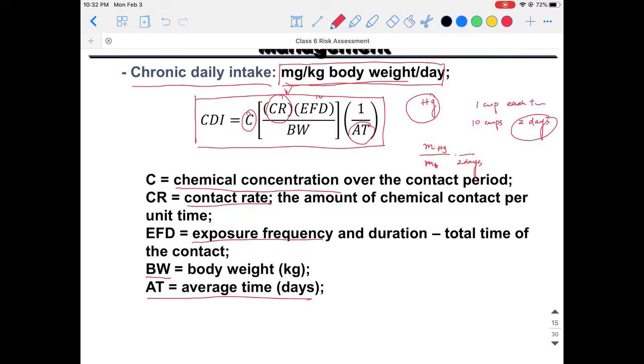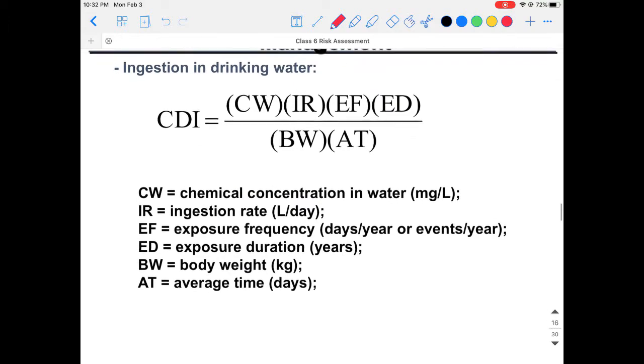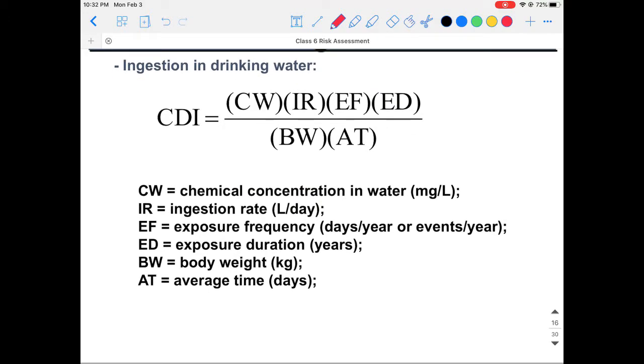And the mass of the mercury is just 10 cups of water multiplied by the concentration of the mercury in there. So this is quite straightforward.